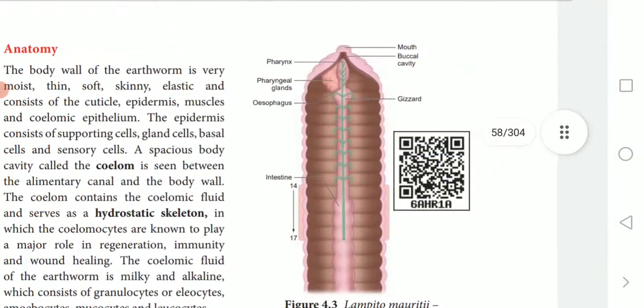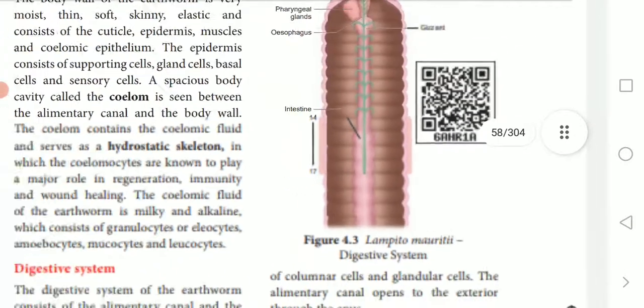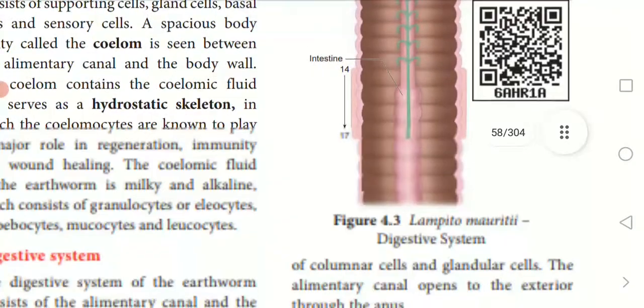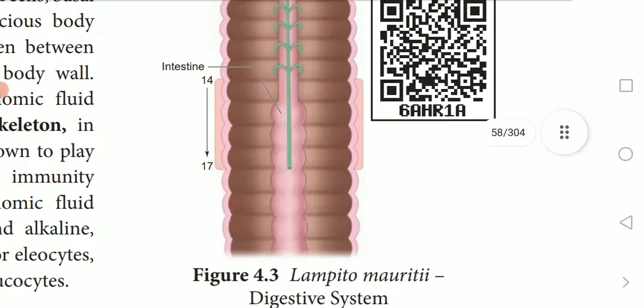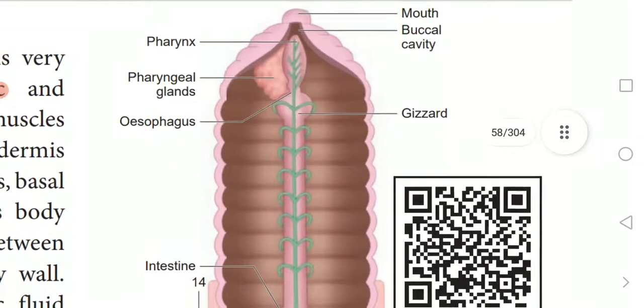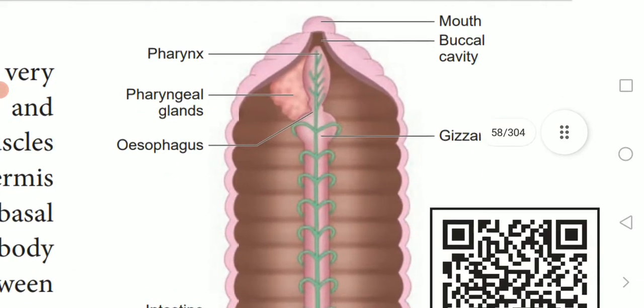Here, this is the digestive system of the earthworm, Lampito mauritii. I will tell you the parts which are present. If you have the textbook, you can go through these parts, whatever I say.